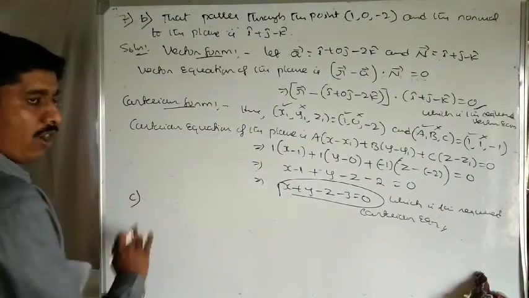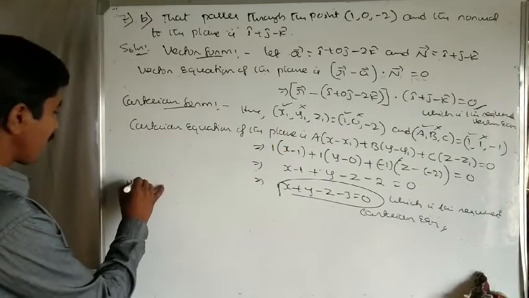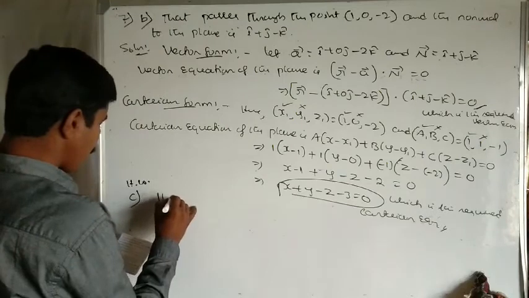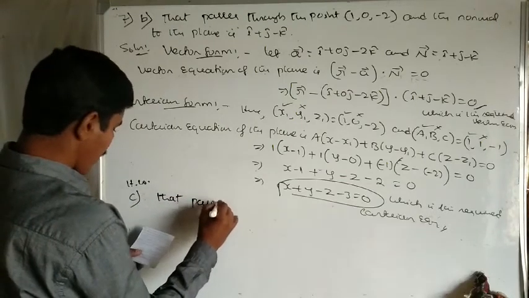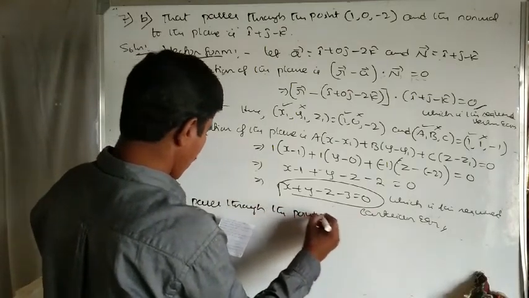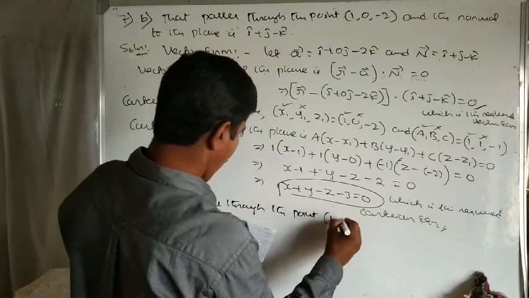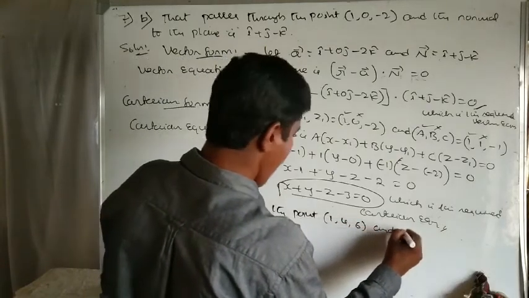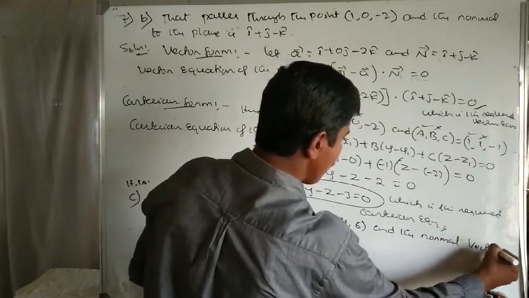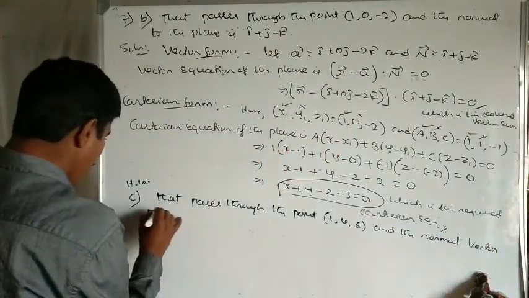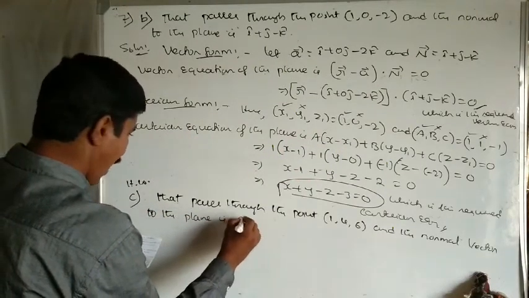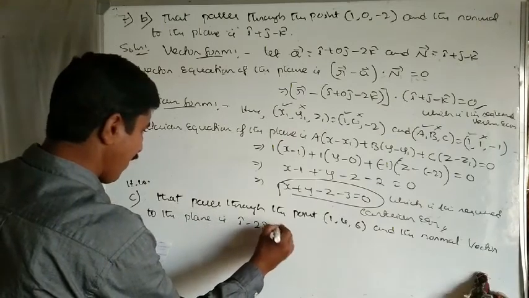Seventh C problem, take this for home assignment. Find the plane that passes through the point 1 comma 4 comma 6, and the normal vector to the plane is i minus 2j plus k.